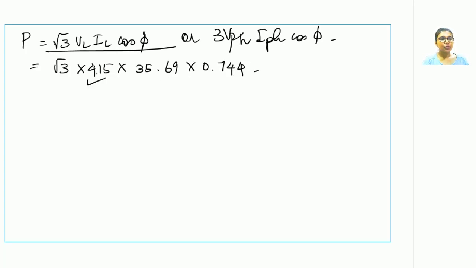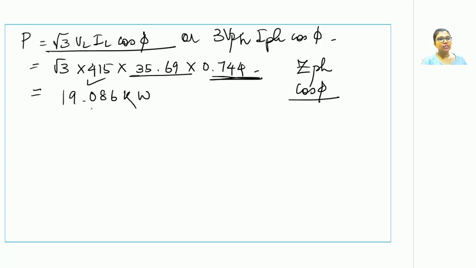The value of VL is 415, value of IL was just obtained earlier, and value of cos phi. Since Z phase remains the same, the value of cos phi would also remain the same, which was obtained earlier as 0.744. The value of real power comes out to be 19.086 kilowatts.